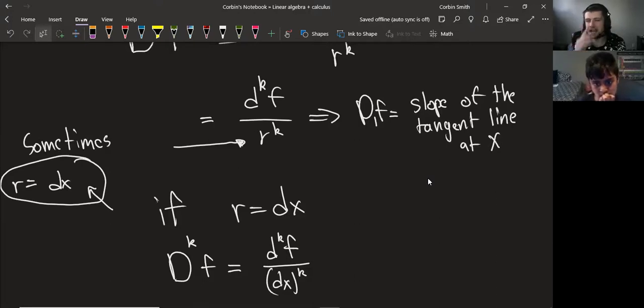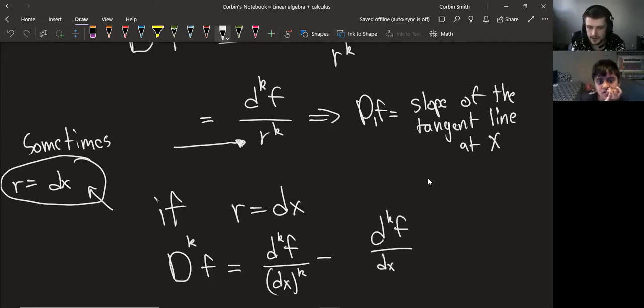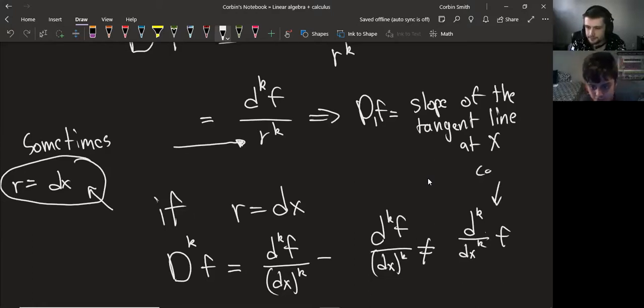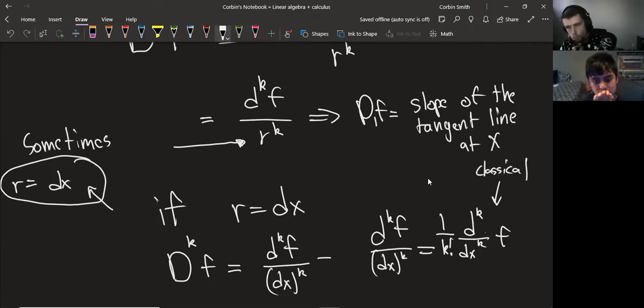But I like to use the r because dk of f over dx to the kth power is not equal to the calculus operator dk dx to the k of f. It's not quite equal to it. What it is equal to is actually this. That's why I'm being careful with the parentheses.